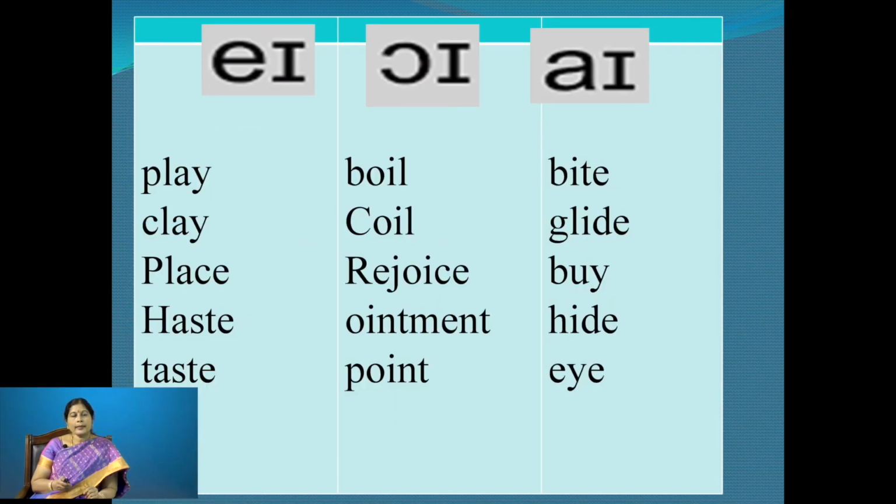So let us see the examples like play, clay, place, haste, taste. This diphthong occurs as a glide from a front unrounded vowel just below half close, and it is moving to a centralized front unrounded vowel just above half close.